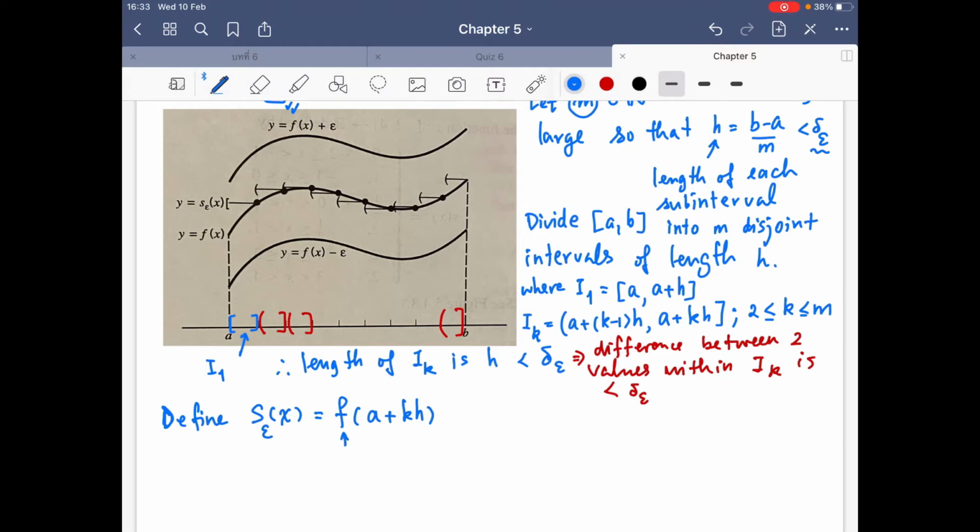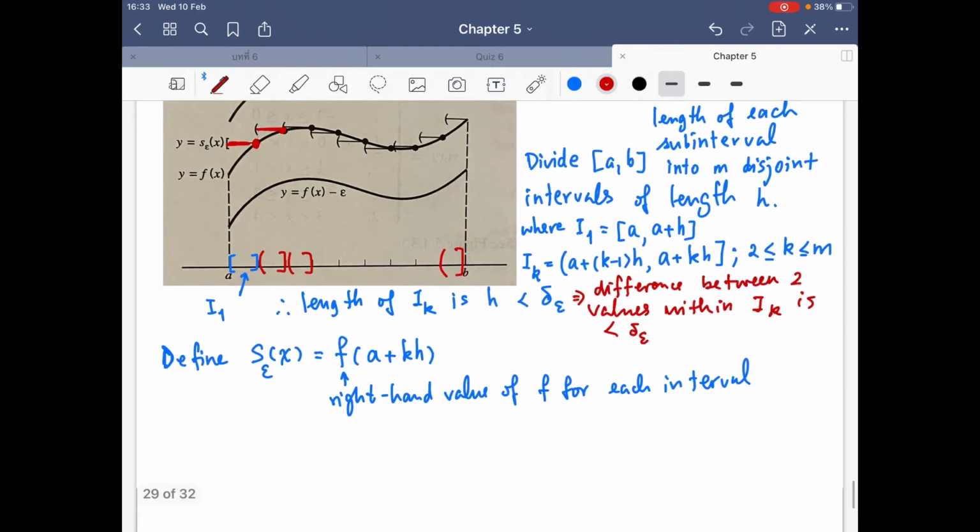So actually it is the right-hand value of f for each interval. From this picture, for example, this is your first interval, so here is the right-hand value, and we define s epsilon to be this value. For the next one, this is the right-hand value, and we let s epsilon on this interval be this value.